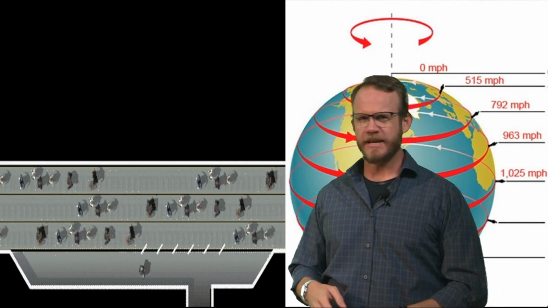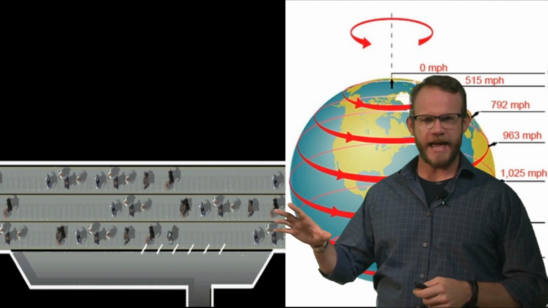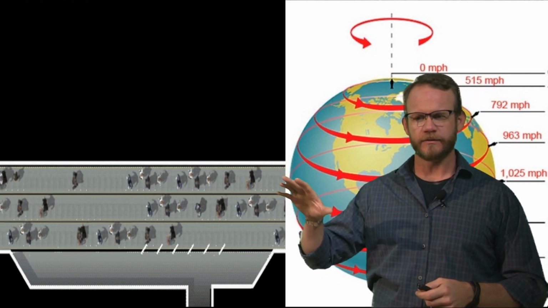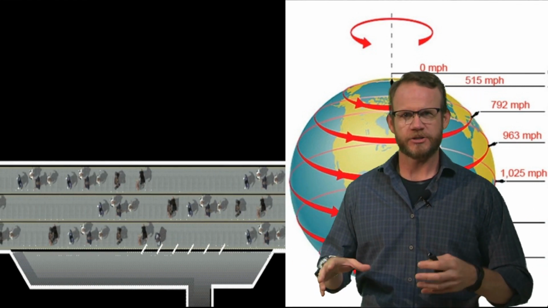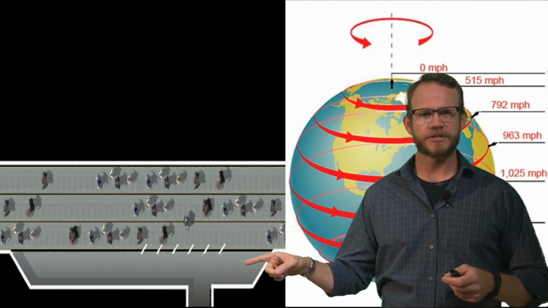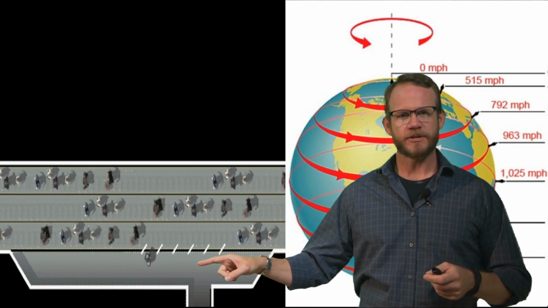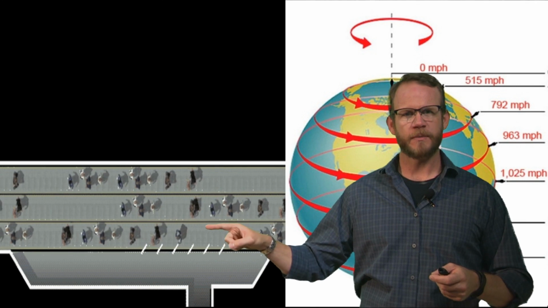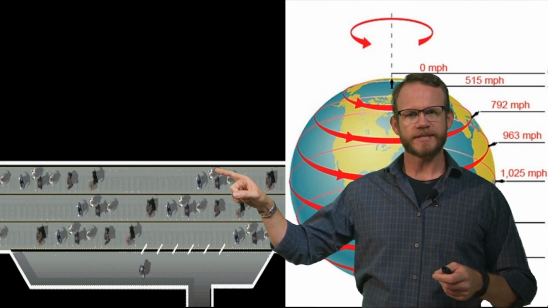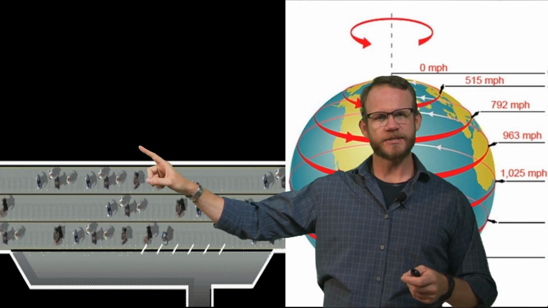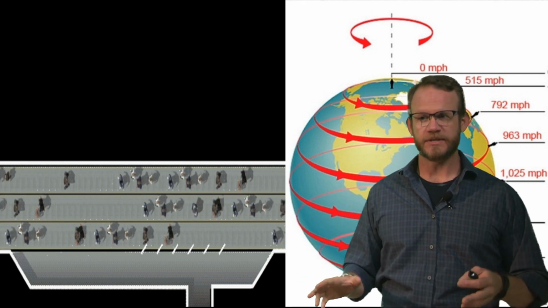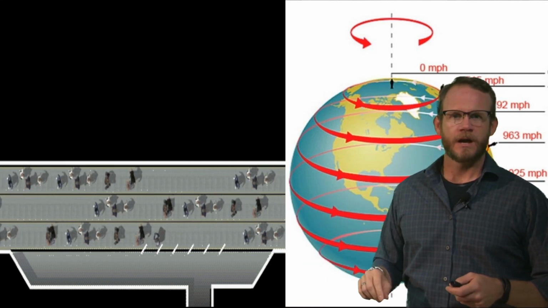I dug it up from a conceptual idea London had for entering their subway system without having to stop the subway car. This little guy starts out on a non-moving platform, and each subsequent walkway gets a little bit faster. The idea is that on the last one you move at the same speed as the train, and you just walk on.